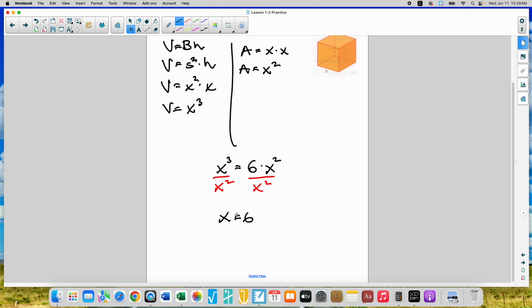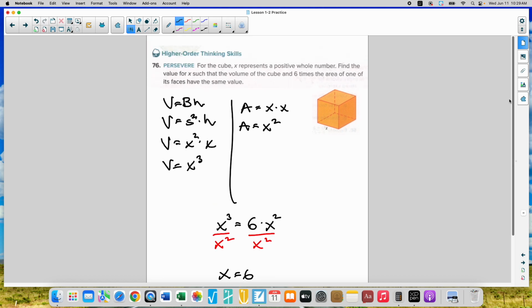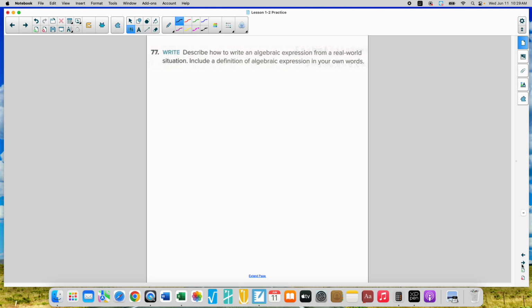Is that correct? 6 cubed. Let's look at it. So yeah, of course it is, because that's 6 times 6 times 6, and 6 cubed is 6 times 6 times 6. Cool. Okay, so that was not as tricky. Find the value for x. Yeah, 6. Boom.